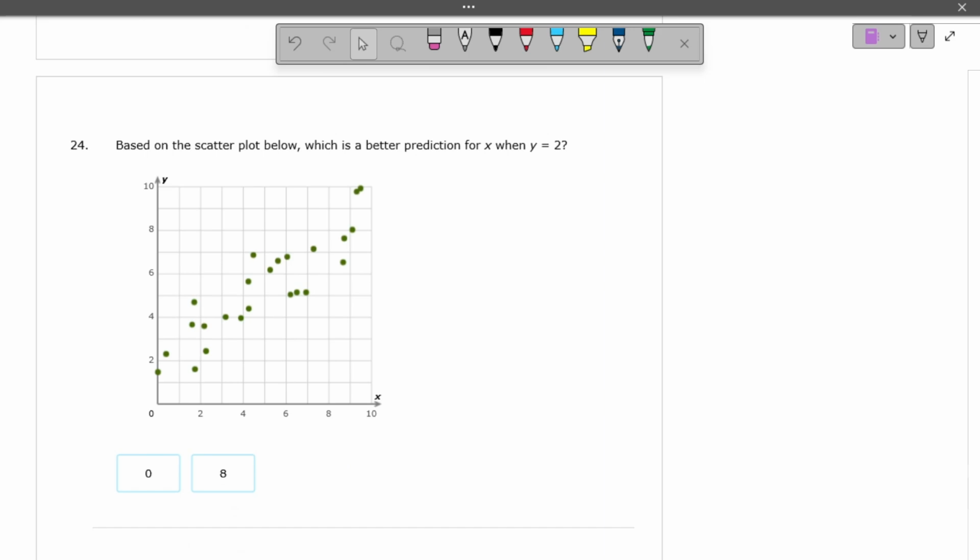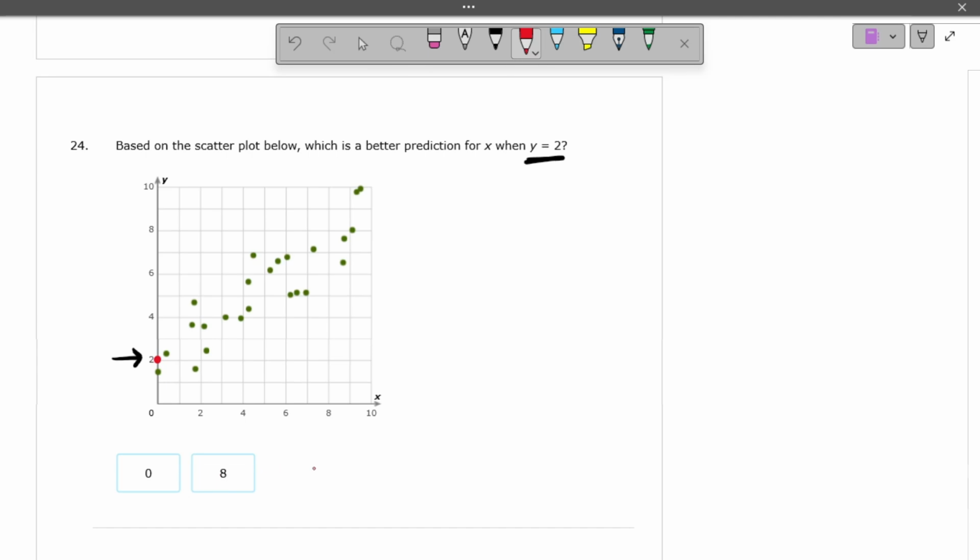So now, based off of this scatter plot, which is a better prediction for x when y is equal to 2? When y is equal to 2, that's right there. So what's a good prediction of x? Would 0 be better, which means our dot would be right there?